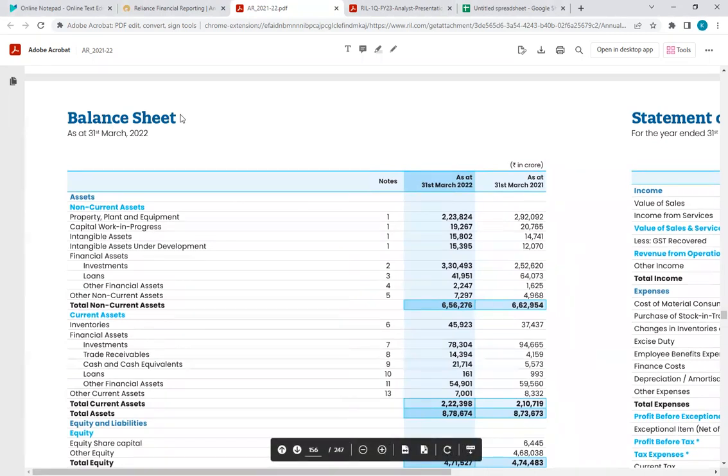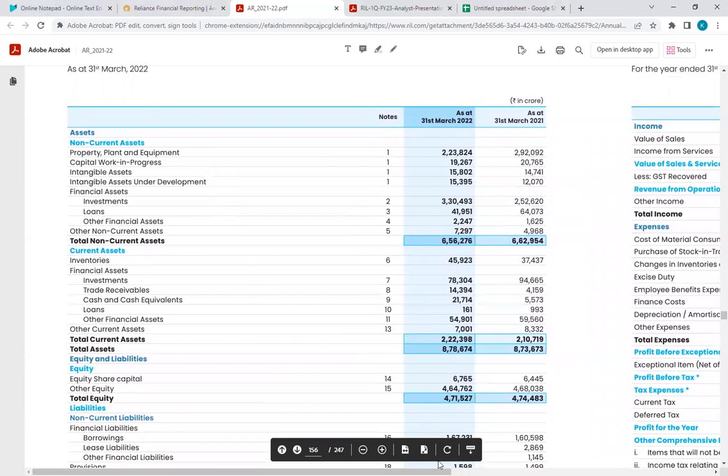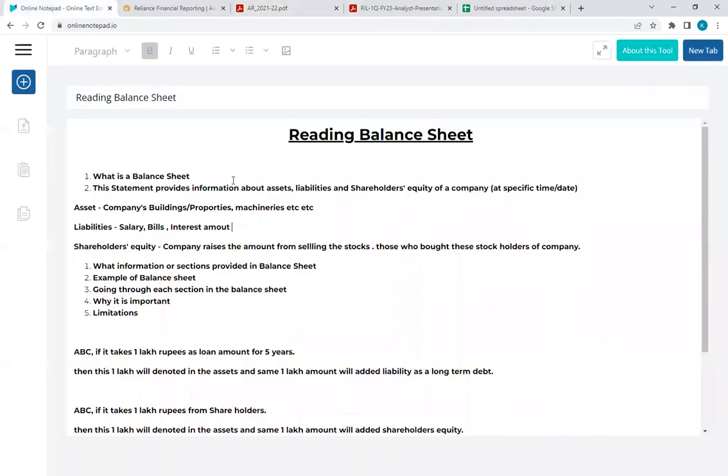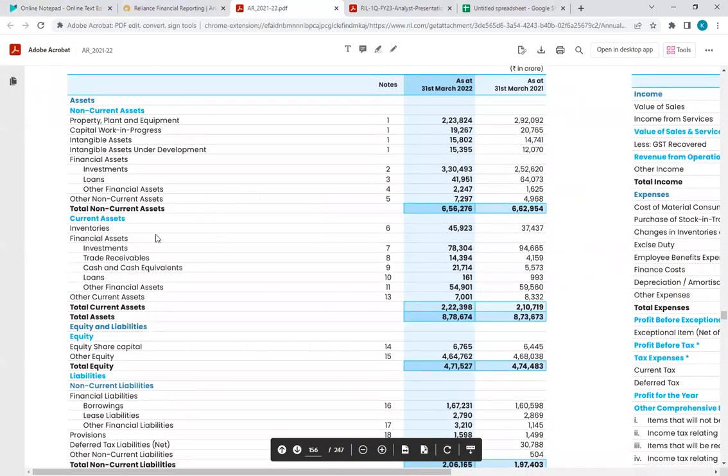So this is the balance sheet of Reliance Industries as on 31st March 2021. This is the latest balance sheet report from the last year. If you see here, what we mentioned in the notes is that the balance sheet provides us information about the assets, liabilities, and shareholders' equity.